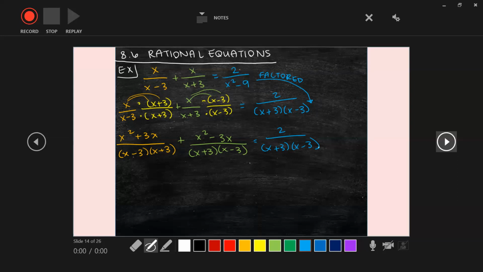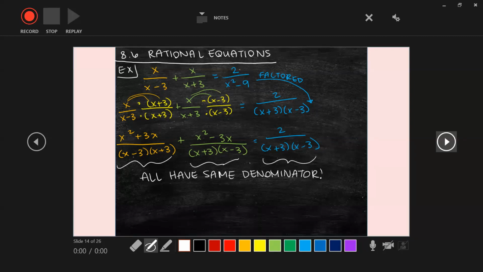Now here's the really magical part. All three of our terms, so 1 term, 2 terms, 3 terms, they all have the same denominator. So guess what happens?